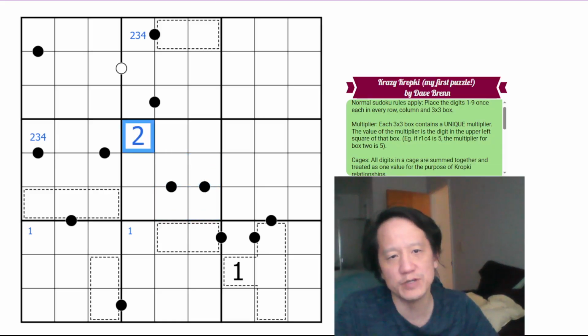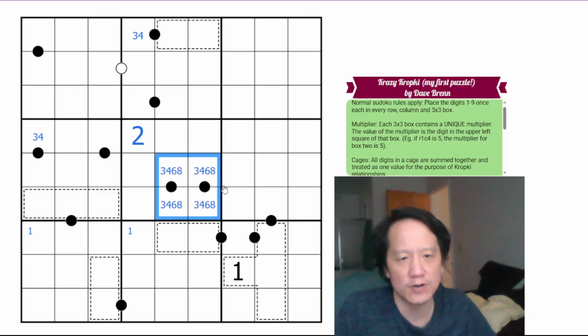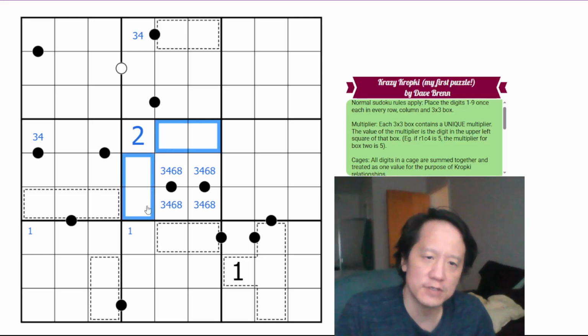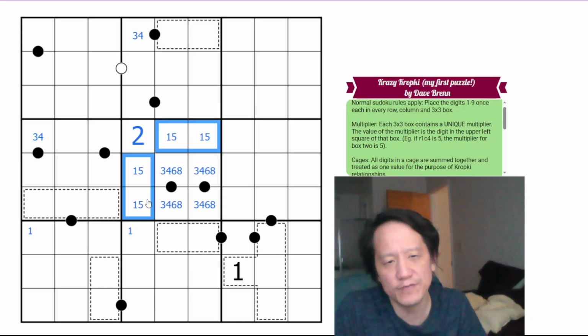So this must be a 2, which means this can't be 2, this can't be 2. This is 3 to 4, this is 3 to 4. Therefore, these ratios are 3 and 6 and 4 and 8 here. That means the rest of these digits in the central box are 1, 5, 7, and 9.